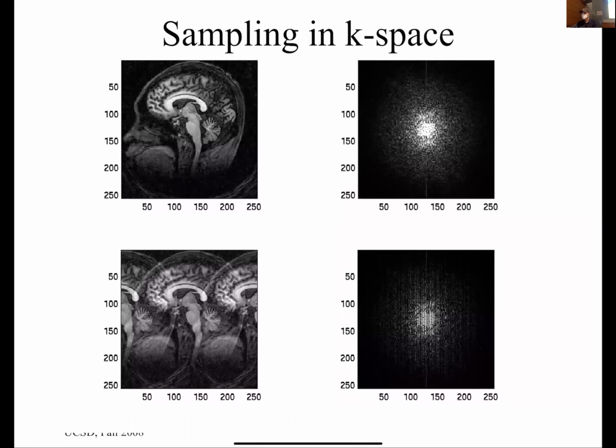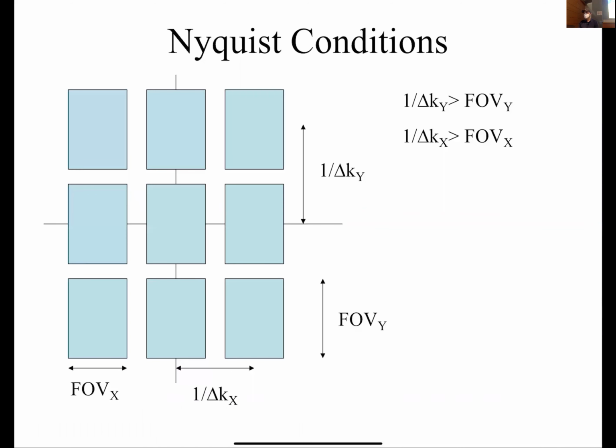As you saw in your homeworks, if you don't sample finely enough, you get aliasing. So we obviously want to sample finely enough to avoid aliasing. We ended up with these Nyquist conditions. For sampling, we want 1 over delta Ky to be greater than the FOV.